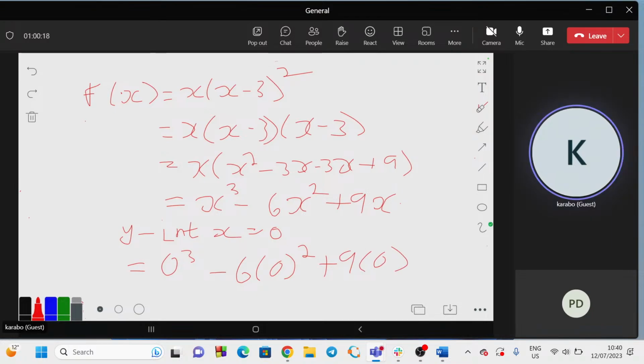Then y is equal to 0. Yes. The results that you get, you write it. As long as you are doing the right thing, you won't go wrong. You can write the coordinates, which means when x is 0, y is also 0. You write them down, you move on to another one.